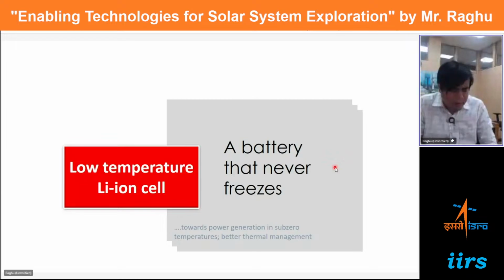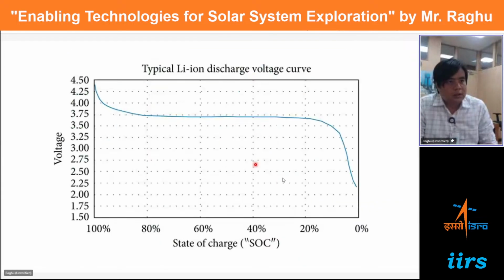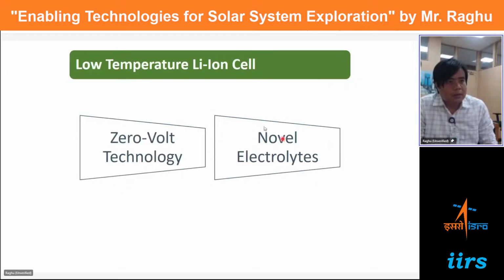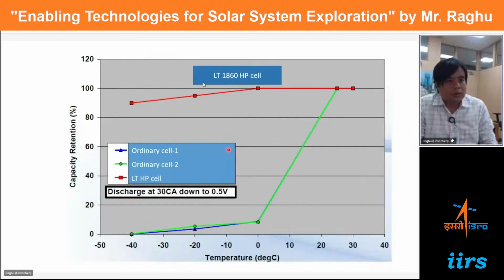Dr. Ganesh also mentioned that the lunar environment itself is minus 180 degrees centigrade at night. So how will the battery work there? There are certain types of batteries which will work at negative temperatures. These need certain technologies, novel electrolytes. And here I can show you, these are low temperature lithium-ion batteries.